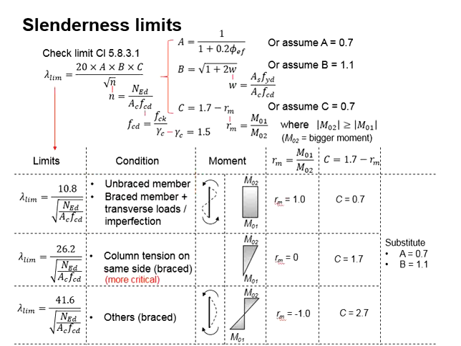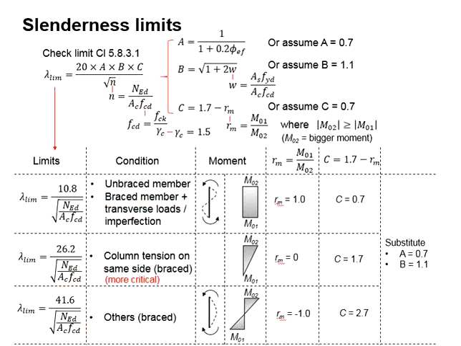In fact, this equation is also applicable to the braced member. In other words, for a braced member, all these 3 equations can be used. This equation is more critical than this, and this equation will be the most critical for the braced member.